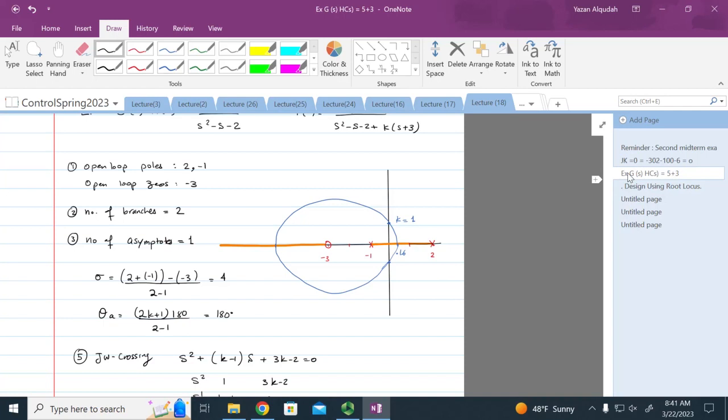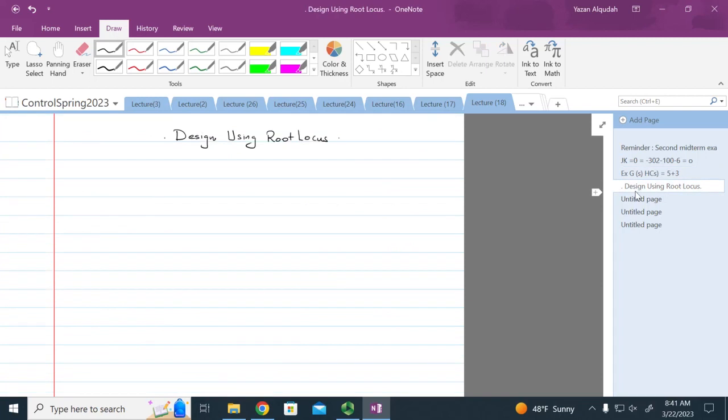I can make it underdamped, overdamped, critically damped, etc. So adjusting the gain k gives me control over the location of the poles, and therefore it gives me some flexibility in controlling the system response.